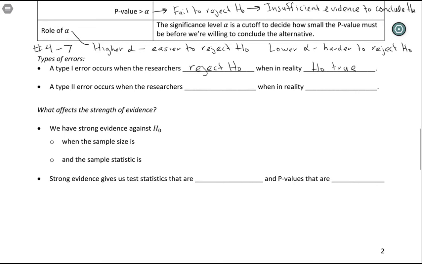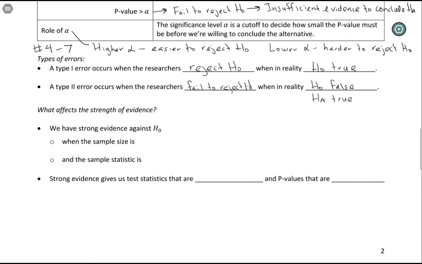A type 2 error occurs when researchers fail to reject the null, when in reality the null hypothesis is actually false, or we could say that the alternative is actually true. So if you make your alpha lower, that's good because you have fewer type 1 errors, but the trade-off is that you have more type 2 errors. It's going to be harder to reject the null. It's going to be harder to prove what you're trying to prove.